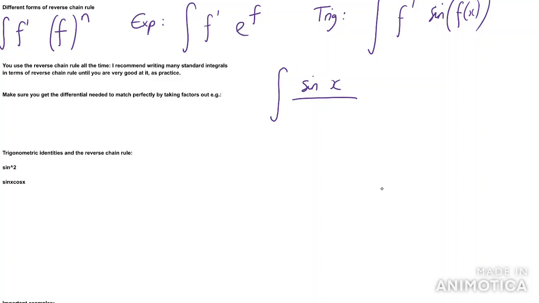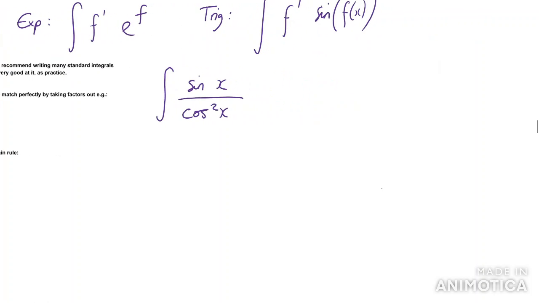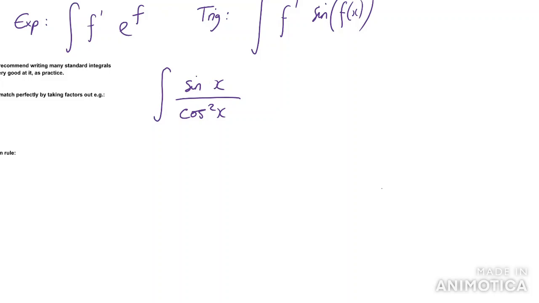Let's just say sine x over cos squared x. I recommend you always get rid of quotients when you're looking for the reverse chain rule, and write any powers, especially when you've got trig, on the outside. So before I do anything else, I'm going to rewrite this as just sine x cos x to the minus 2. Okay?